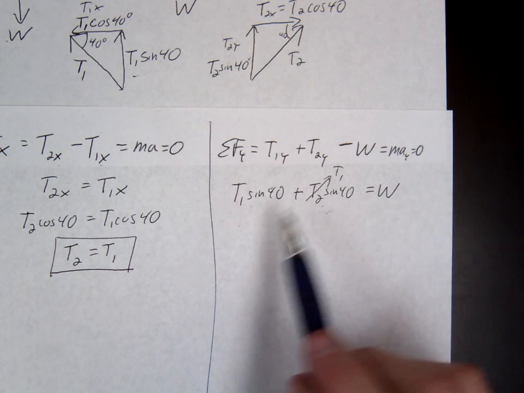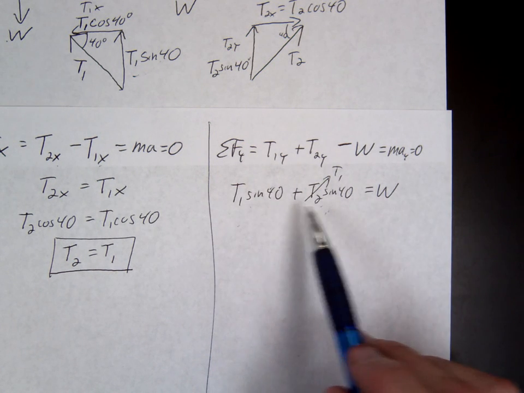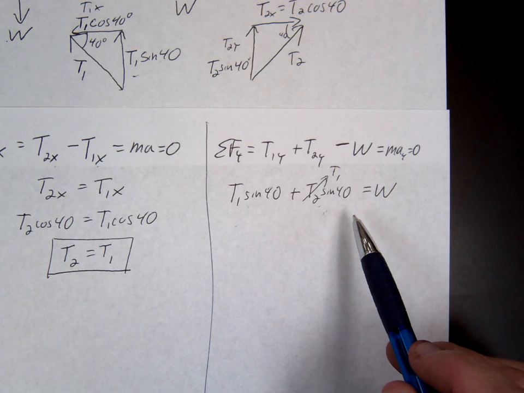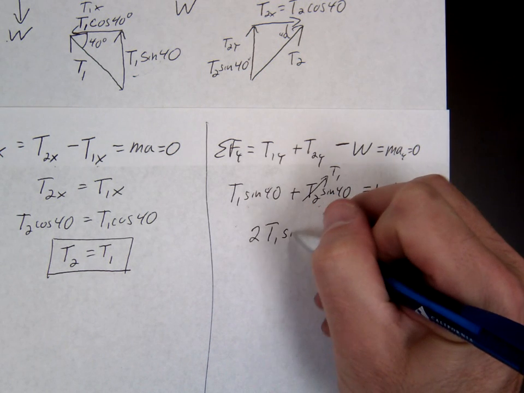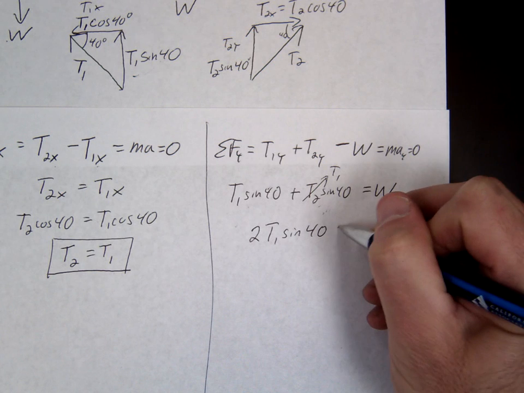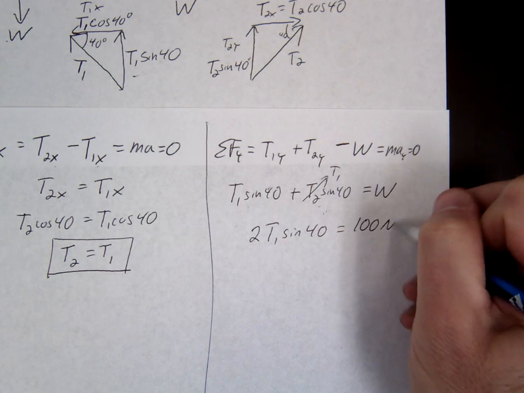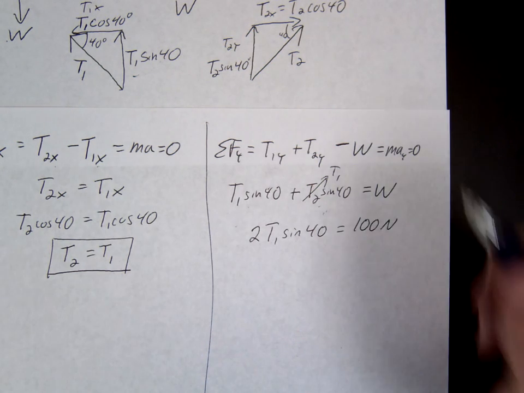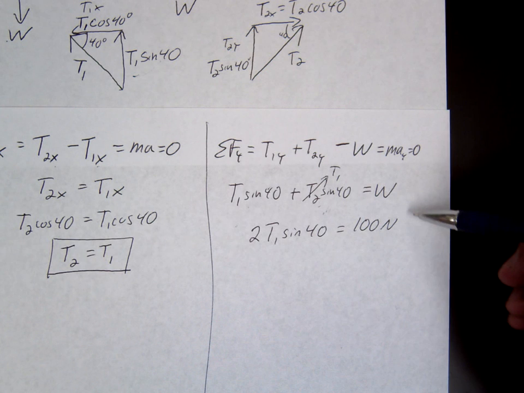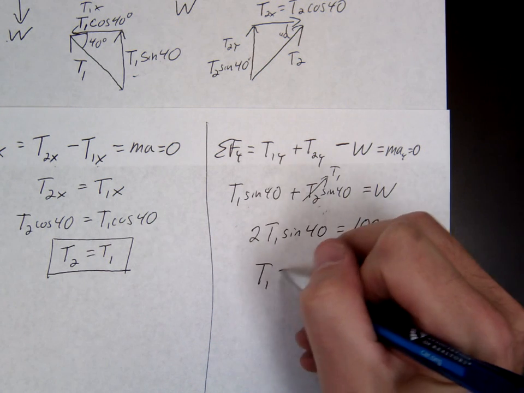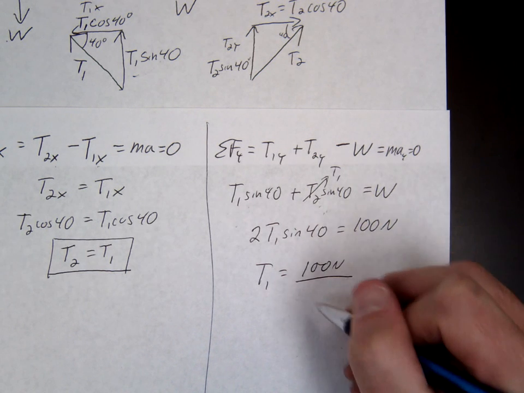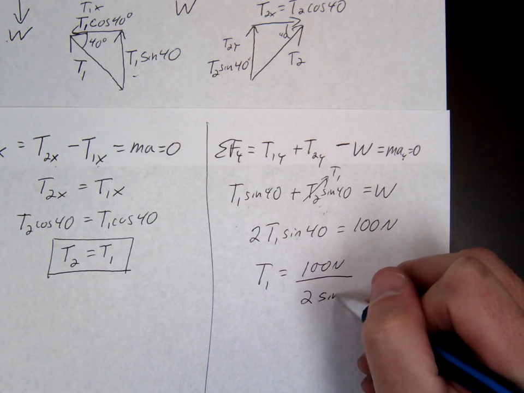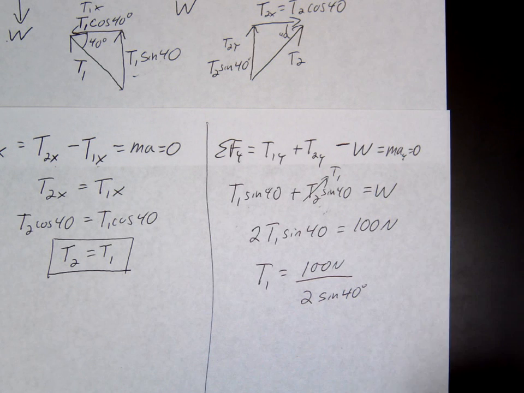And then we have T1 sine plus T1 sine, which equals 2T1 sine. And I'm going to go ahead and substitute for the weight. That's 100. Okay, almost done. What's T1 then? 100 divided by 2 sine 40.